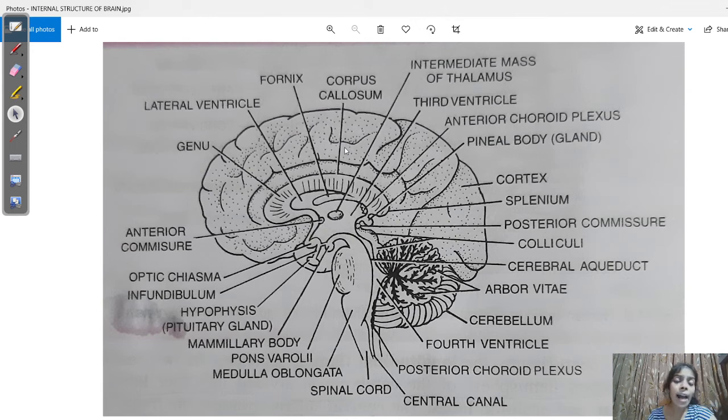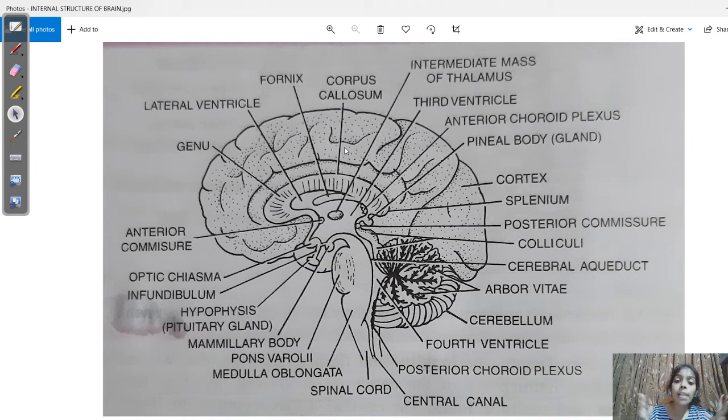Why are these gyri and sulci present? Because the human brain weighs approximately 1300 grams and is made up of about 10 to the power 12 to 10 to the power 13 neurons.